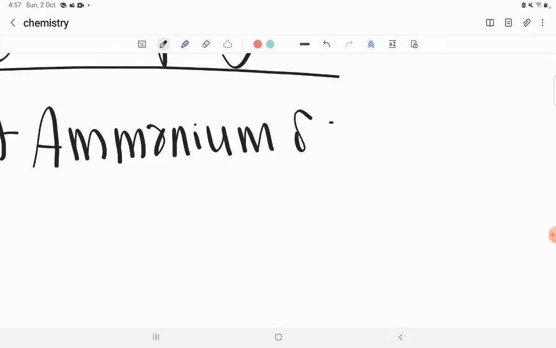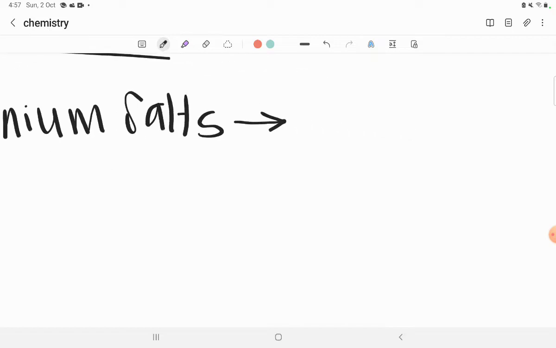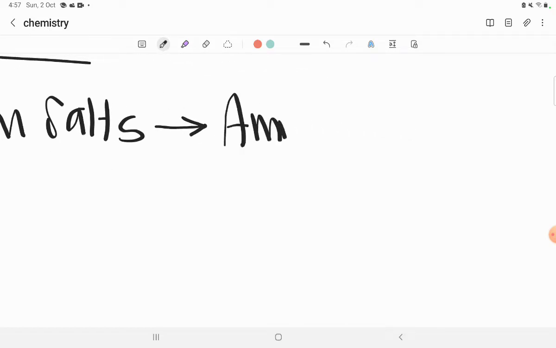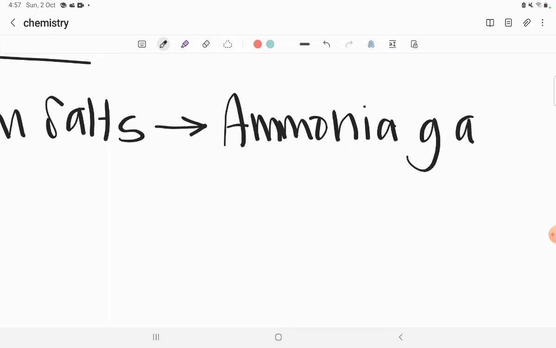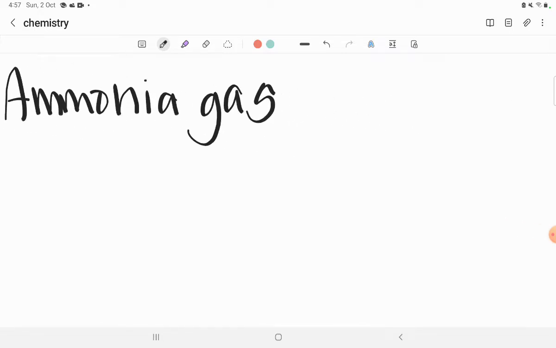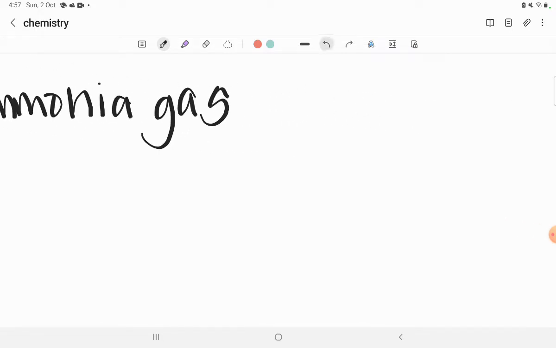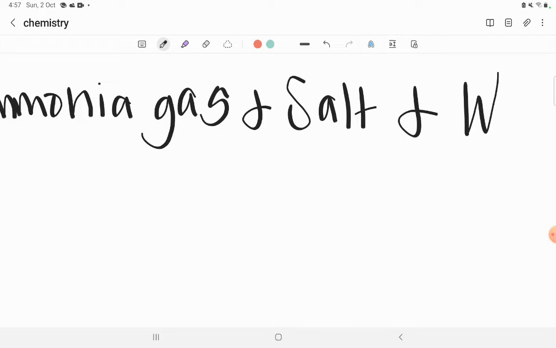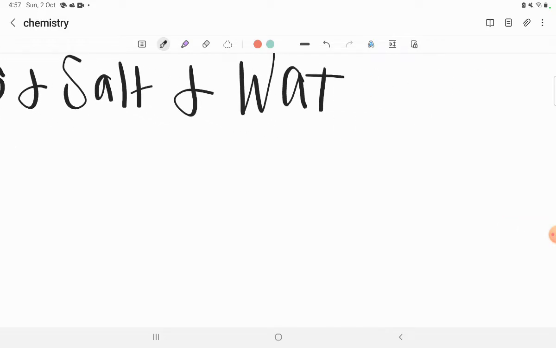Ammonium salts will give you ammonia in the form of gas, so it's ammonia gas, and salt and water, your favorite liquid.